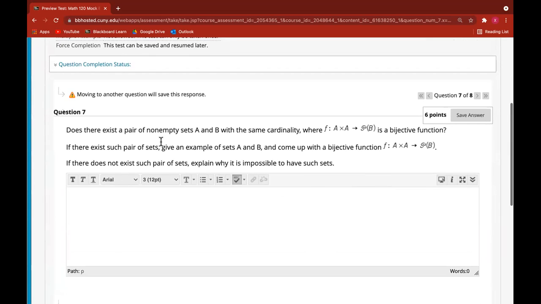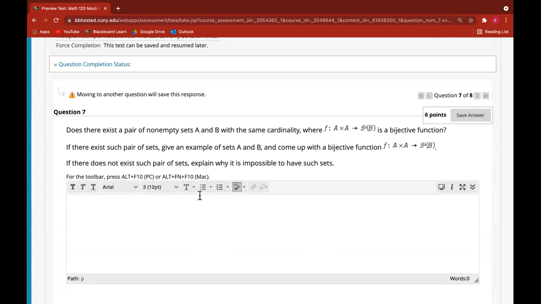Next. Now here it asks: does there exist non-empty sets A and B where there exists a bijective function from A cross A to the power set of B?